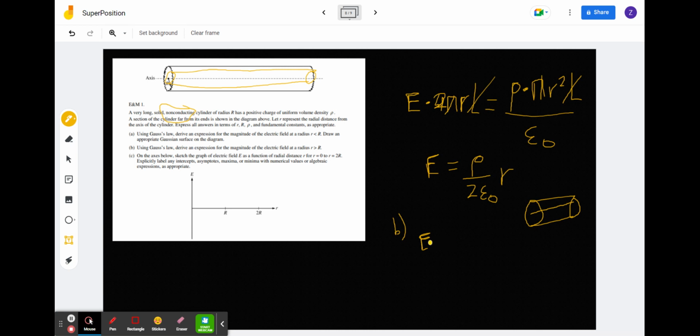we'll get that E times 2 pi r L is equal to rho times pi big R squared L, because now we're outside of the cylinder, over epsilon naught.